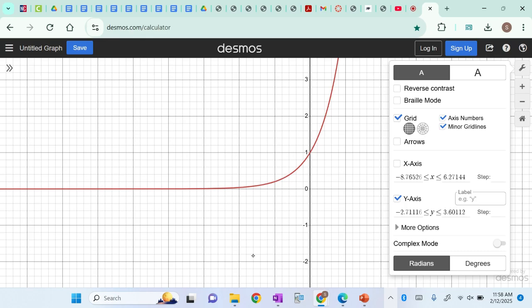And right next to where it says x-axis and y-axis, you can check and uncheck them. If you're doing domain, you just want the x-axis, so uncheck the y-axis. When you're doing range and you just need the y-axis, uncheck the x-axis. So it may be a little bit easier for you to see and a little less confusing. That's a strategy that you can use for domain and range, because I know it's a pain.